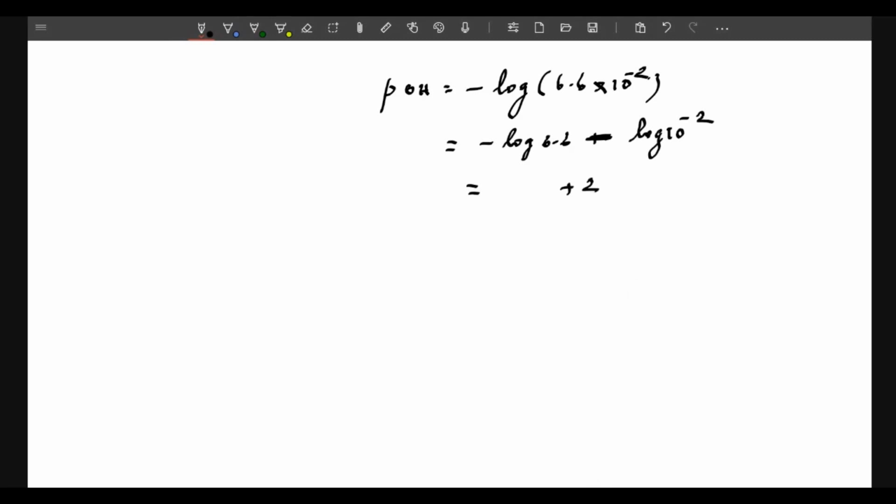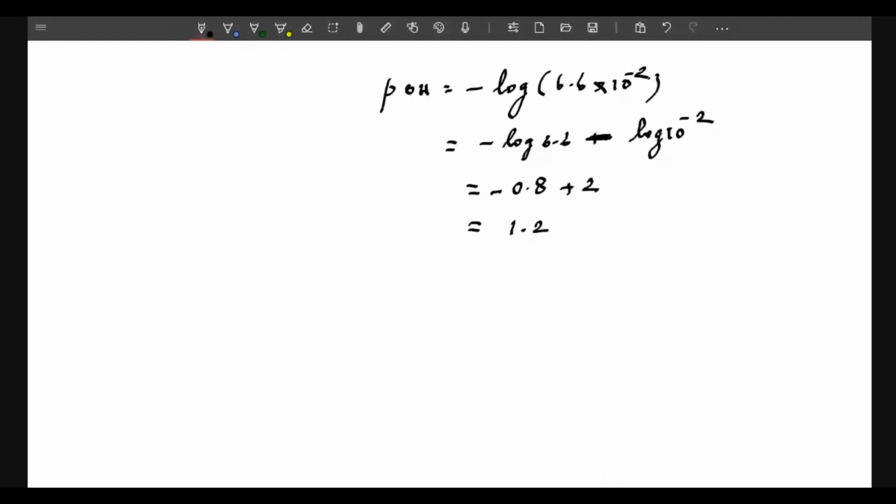Anybody? Ask your calculator. What would be the value? For 6, you know. For 7, you know. What is it for 6.6? Tell me the value. Nobody else is there. It is equivalent to 0.8. Therefore, what would be the pOH? It is 1.2. But it is not pOH that is asked, pH is asked.